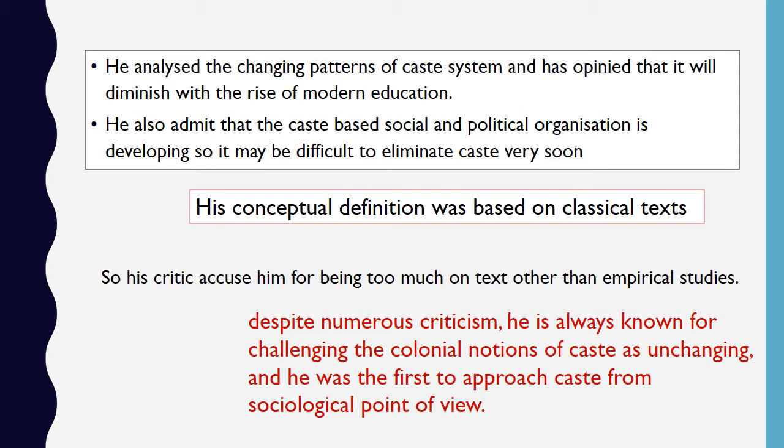His conceptual definition was also based on what the classical texts prescribed. In actual practice, many of these features of caste are changing, though all of them continue to exist in some form. Again, Ghurye tried to glorify the culture of India in general and of Hindus in particular.